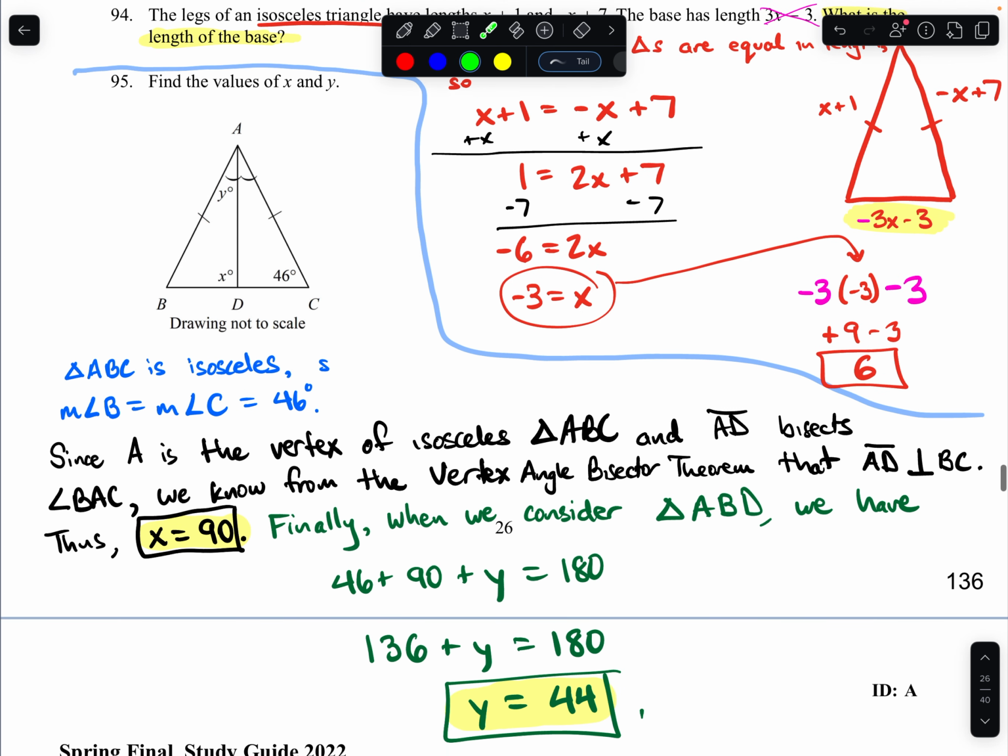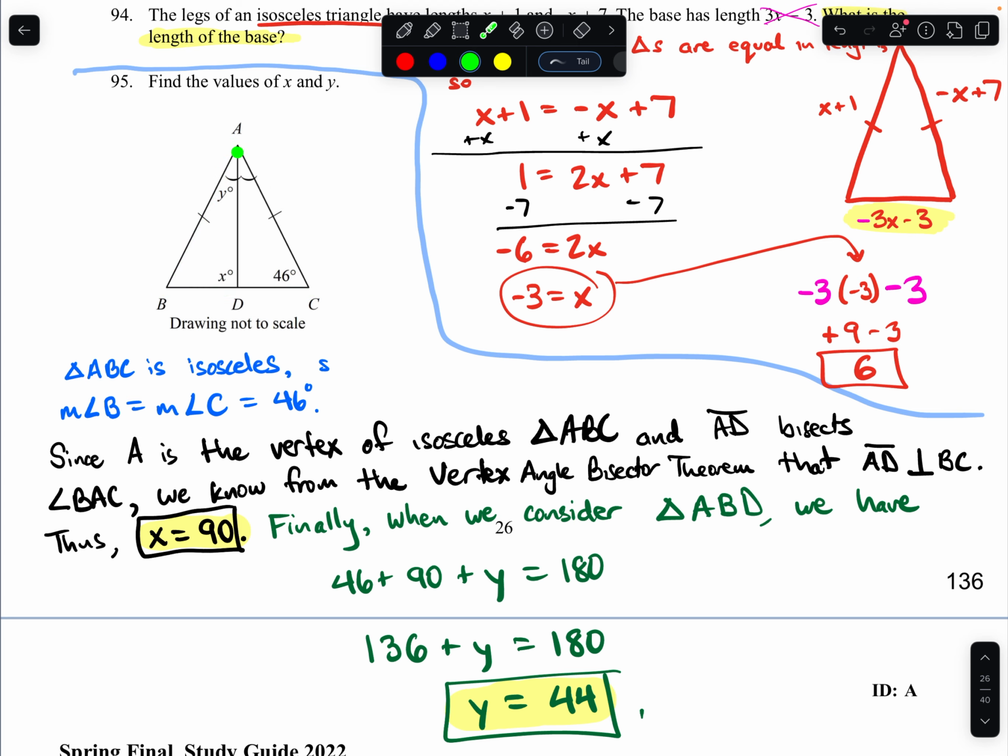And our last one, number 95, find the values of x and y. So we have our picture here. It tells us that BAD, angle y, is congruent to CAD. We also have that these two sides are congruent, which makes triangle ABC isosceles.